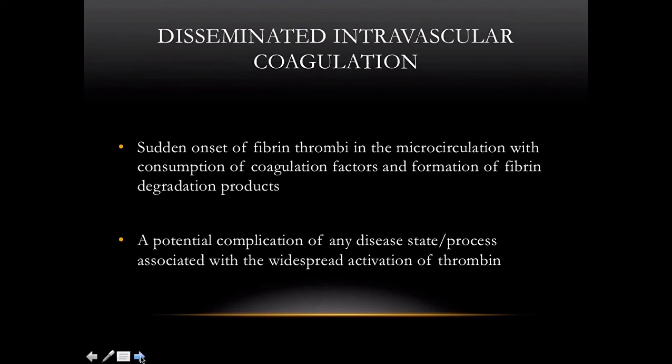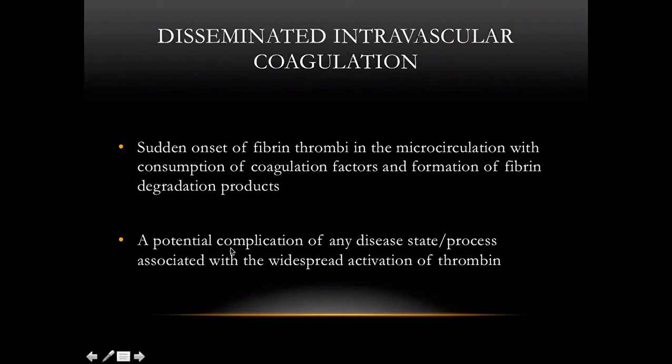Okay? Then we have a short slide about DIC. So DIC is disseminated intravascular coagulation. So this is the sudden onset of fibrin thrombi in the microcirculation with the consumption of coagulation factors and formation of fibrin degradation products. So the blood vessels now are filled with many fibrins.